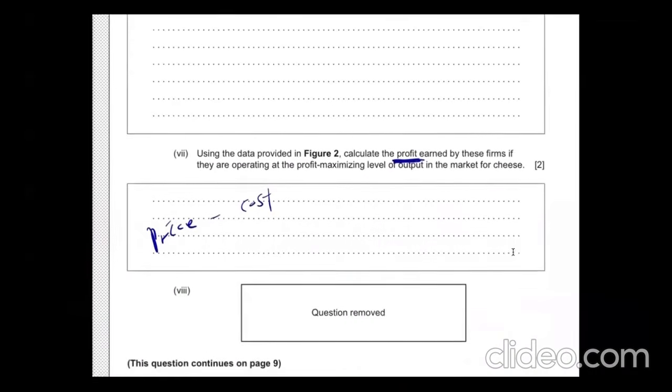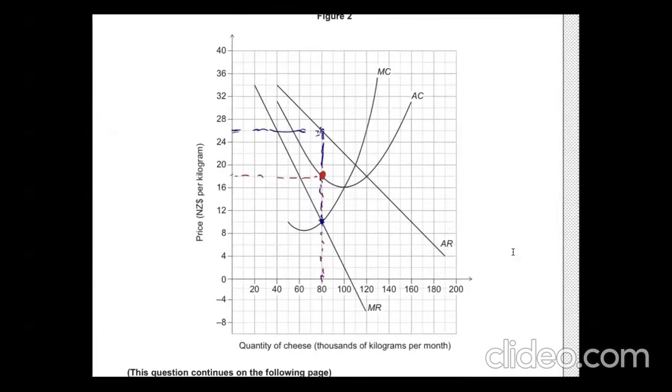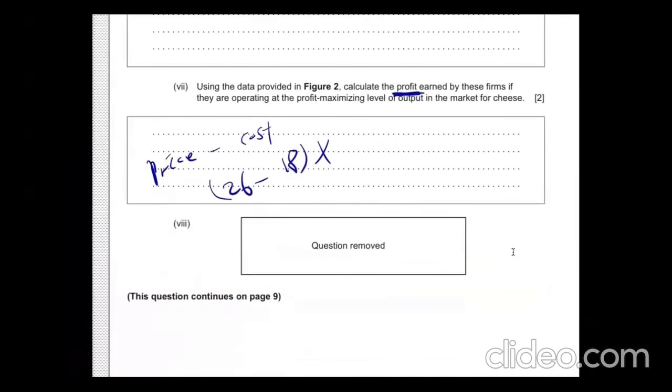So cost is 18. Then 26 minus 18, multiplied by how much quantity? 80,000. Okay, so 80. Then I can get $640,000. That's the profit.